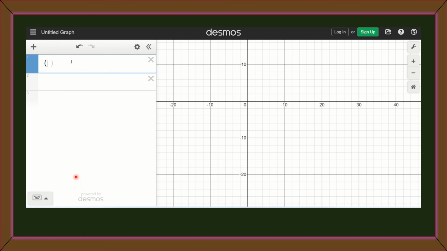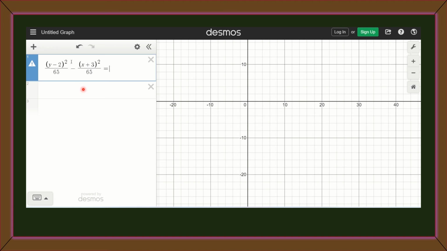Let us use Desmos to graph our equation and check whether it meets the conditions in the problem.